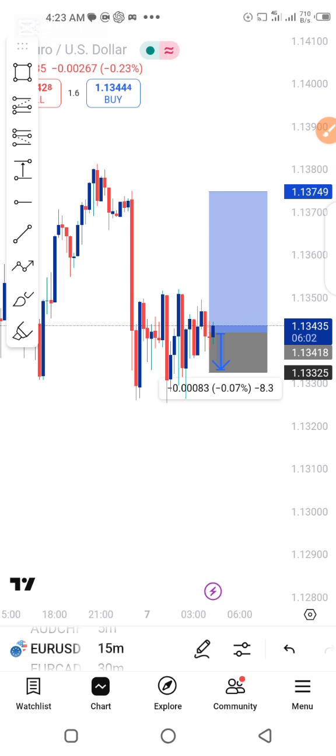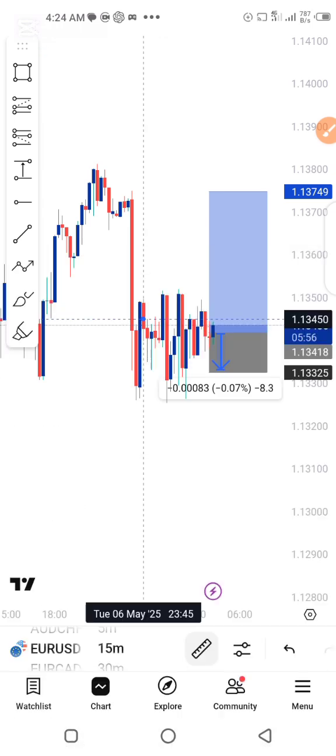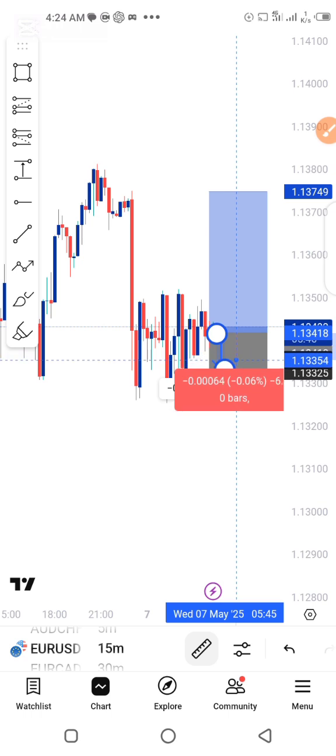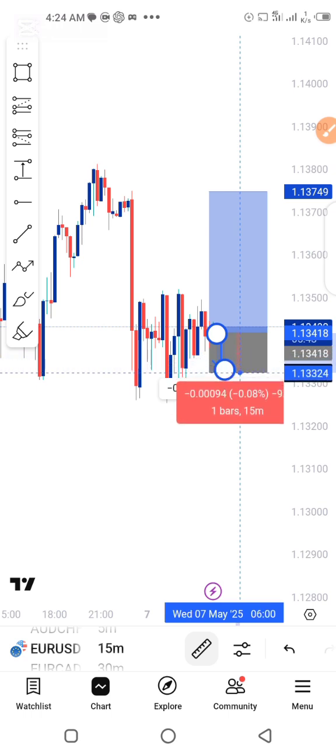You can see that the total here is minus 8 pips. Now let me get the ruler and also measure it completely. I place the ruler at the edge where that ash started. Yours might be red, that's one thing about it. You can see it: minus 9.